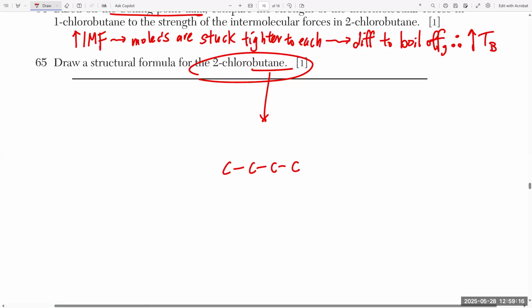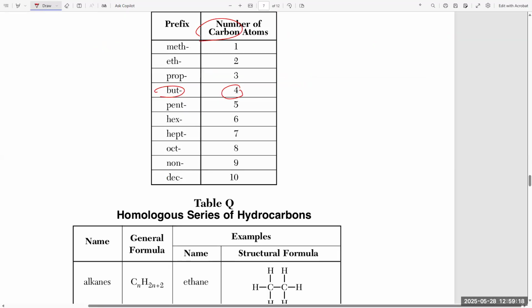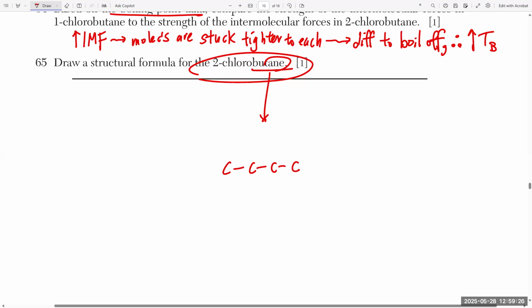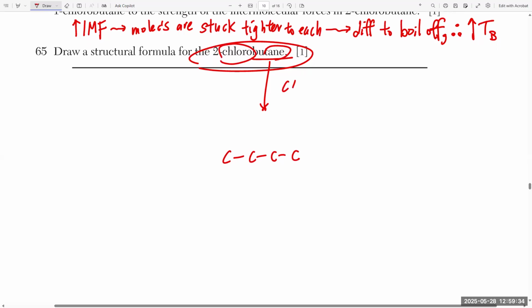Now, let's see. It's an ane, right? Ane means all single bonds, right? So we're already correct. Now, what happens? It's 2-chloro. Chloro means Cl, right? Where does that go? It goes to spot number 2.